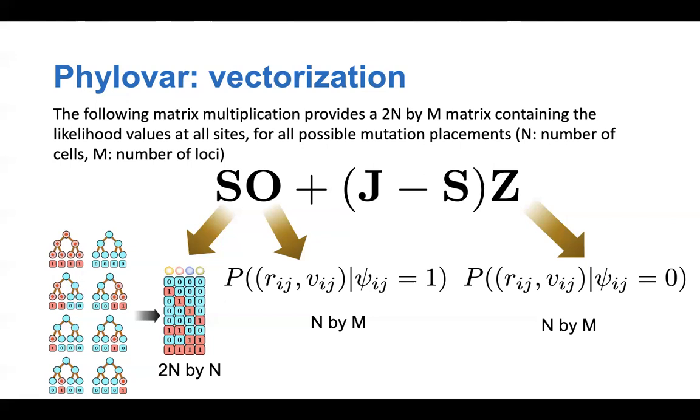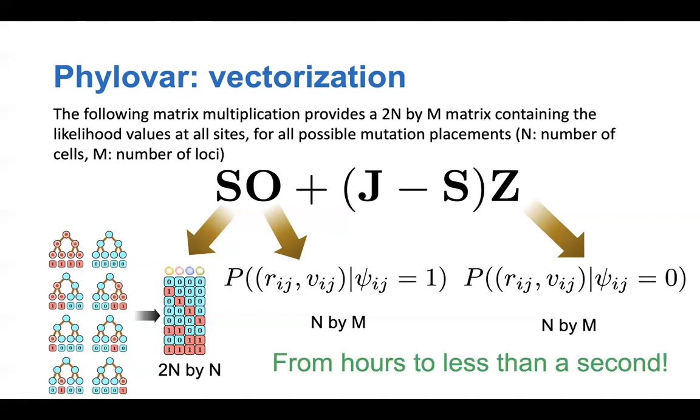Matrix Z is similar to O, but for the reference allele as the true genotype. Both matrices O and Z are calculated once at the beginning of the hill climbing algorithm. Matrix J is the matrix of all ones to negate matrix S. This technique reduced the runtime from hours to less than a second.